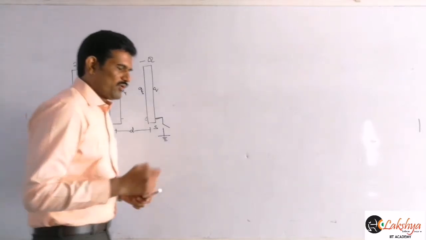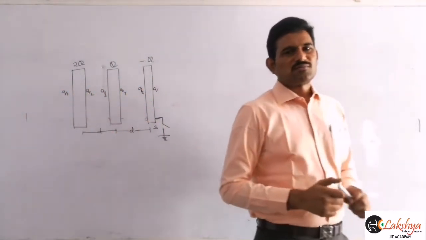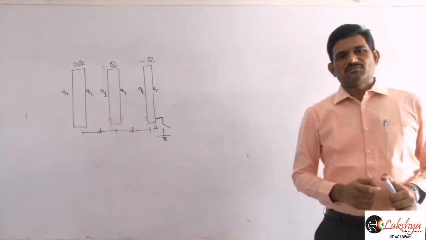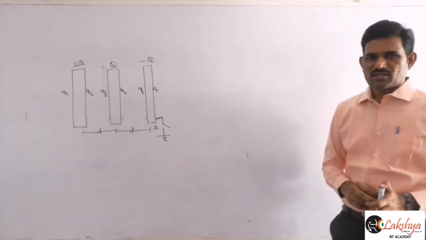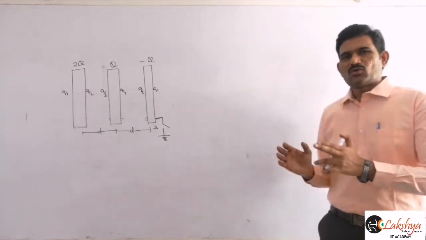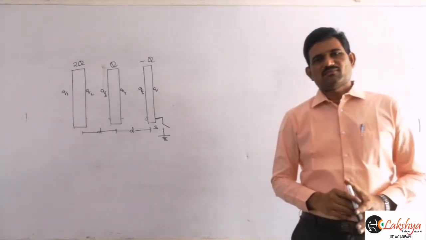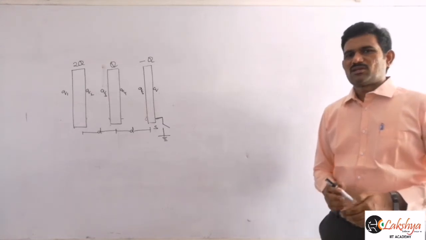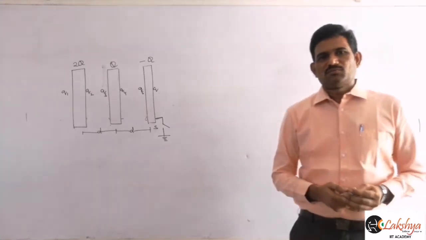Write that point: whenever any one of the plates is grounded, then the charges appearing on the outermost surfaces will be equal to 0.